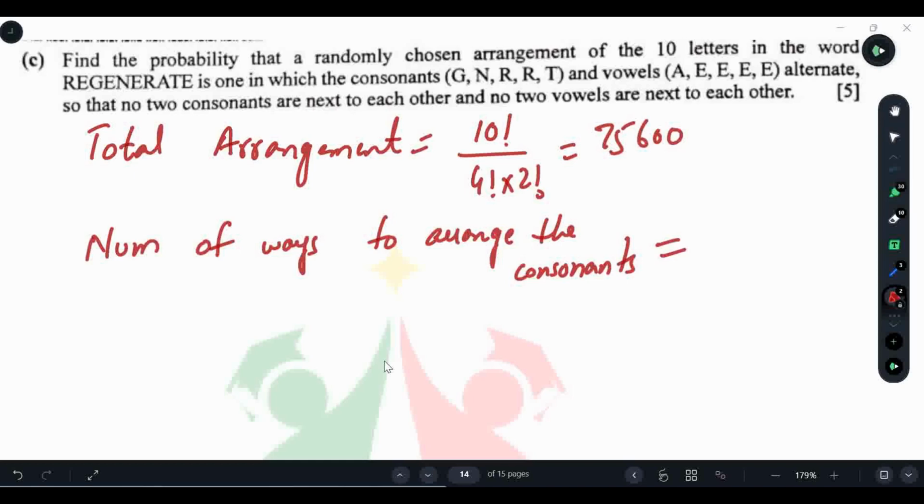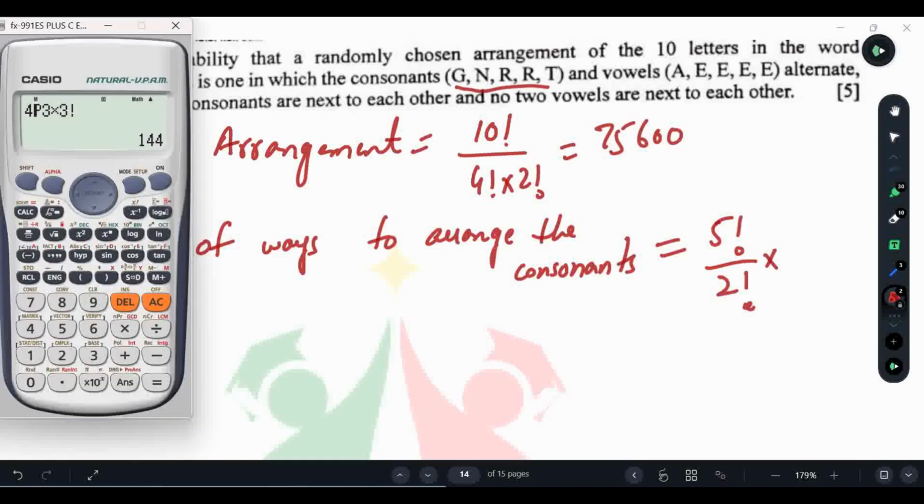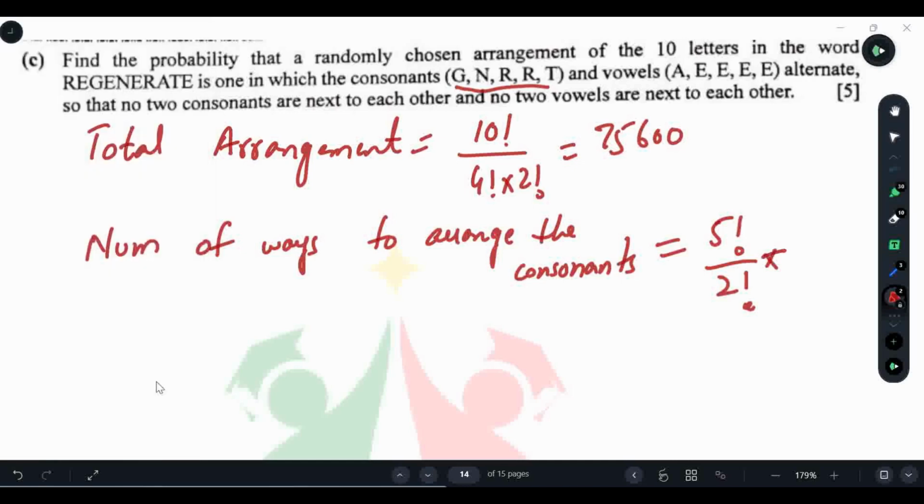We have 5 consonants, with 2 repeated letters, so 5 factorial divided by 2 factorial. This will be equal to 60.